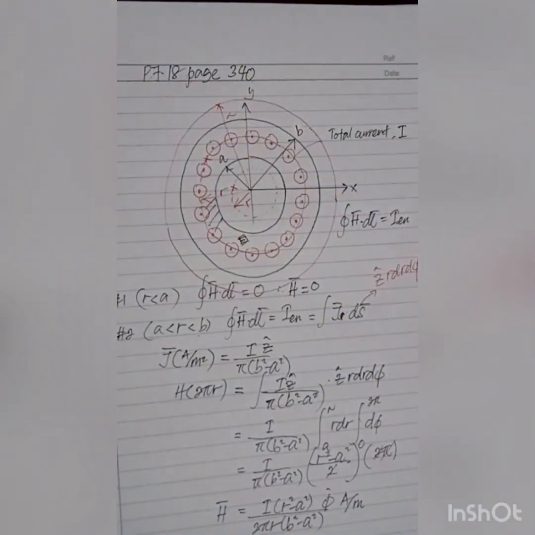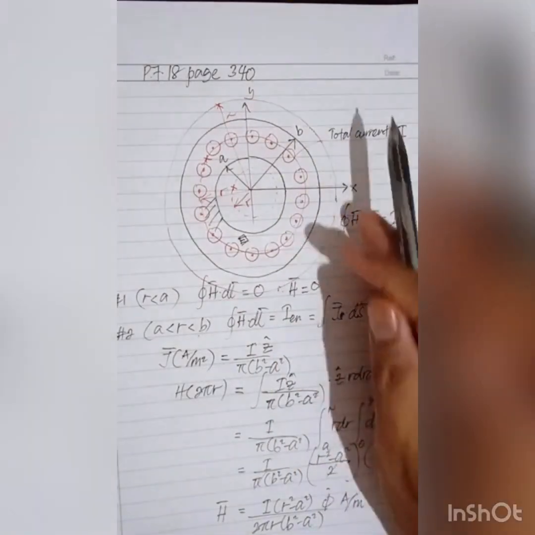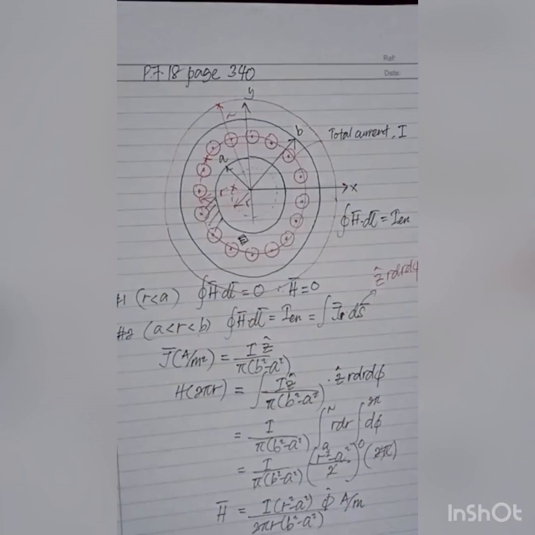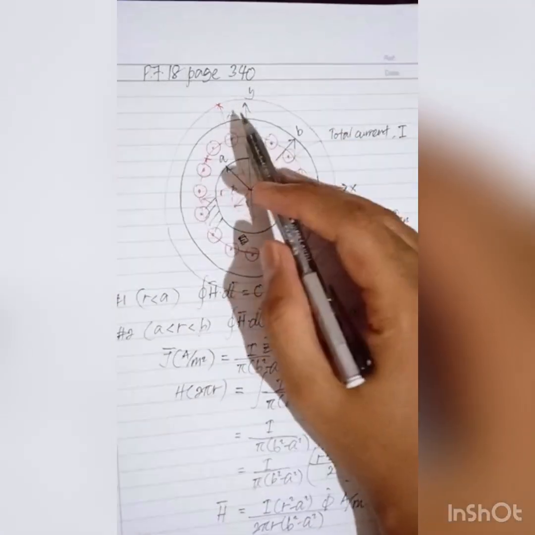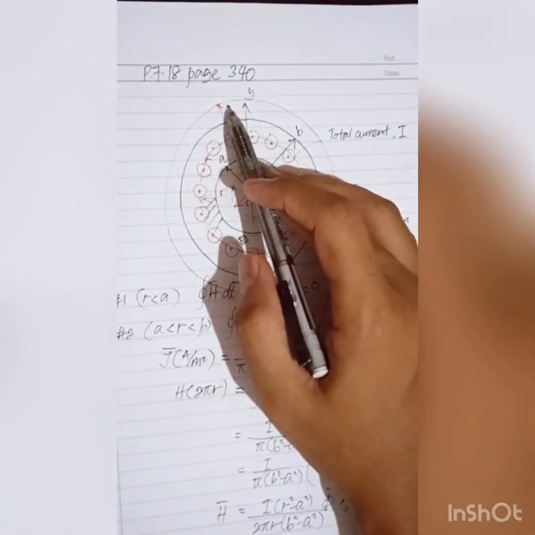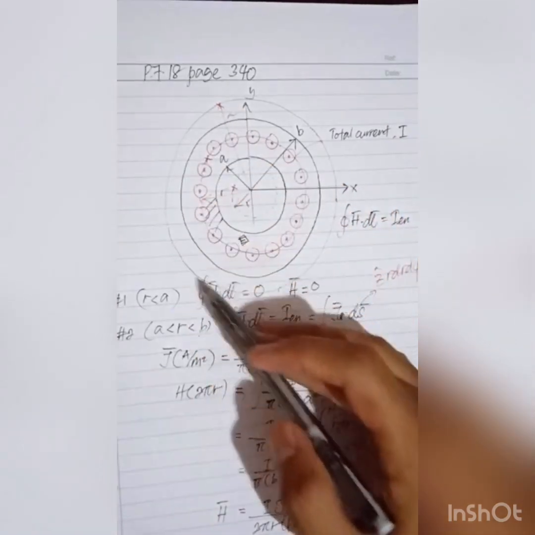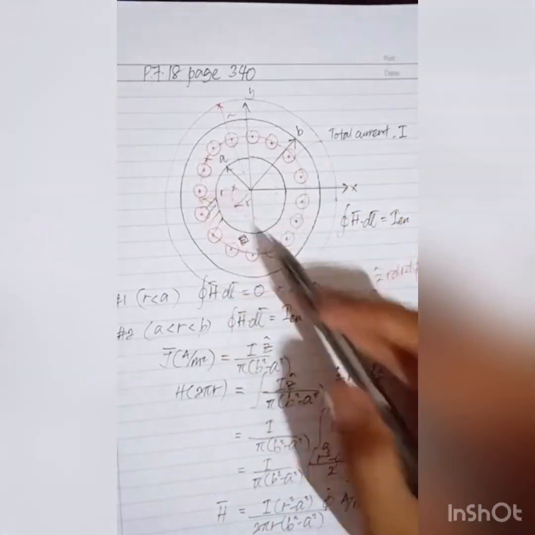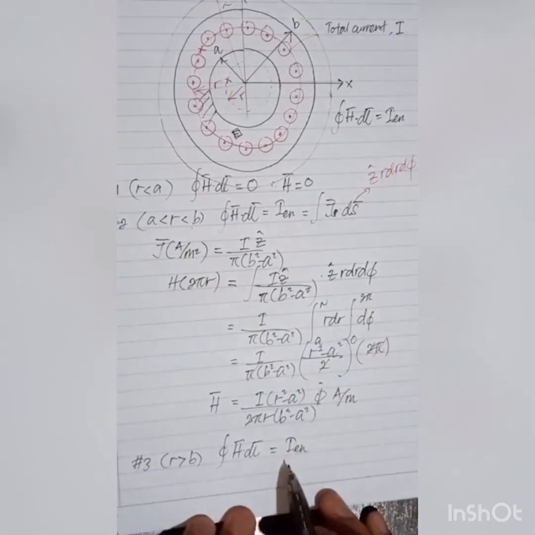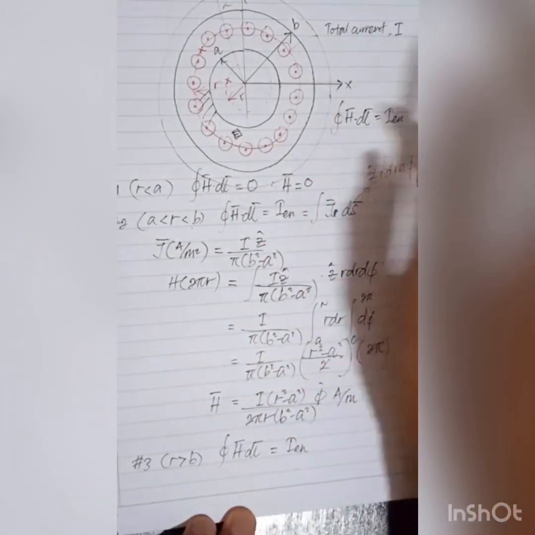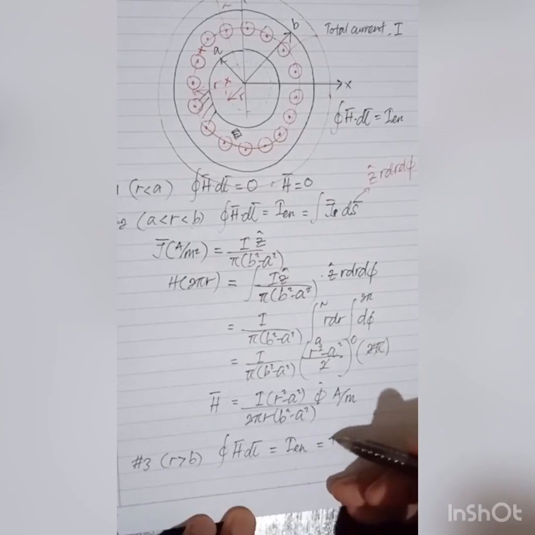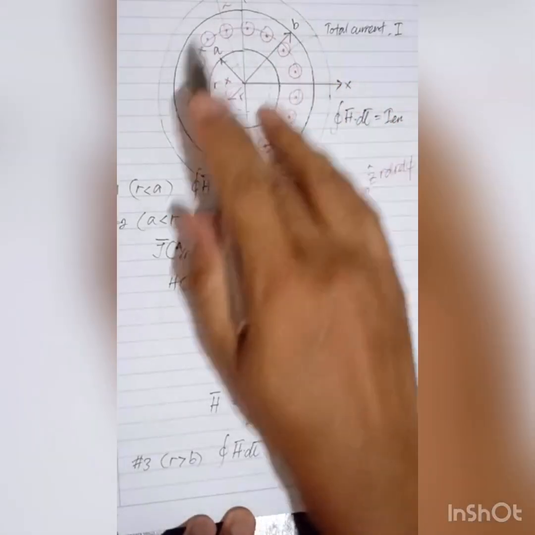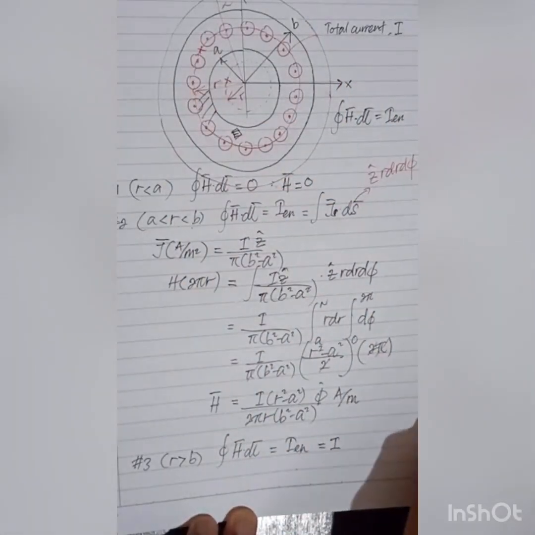If you look closely at this third Amperian loop, the I enclosed, guys, covers the whole total current, right? Again, I repeat, for the biggest Amperian loop in the third region, this loop covers the whole value of current. It means that the I enclosed for this case is equal to I, the total current enclosed within the whole Amperian loop.